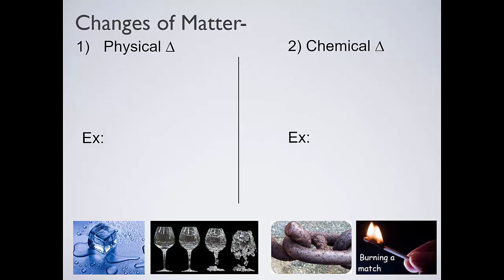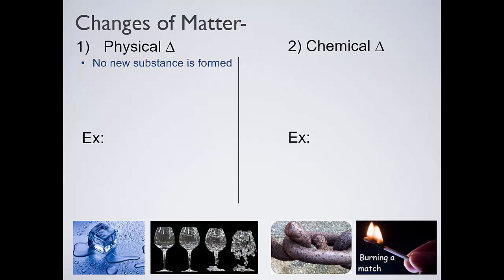So in this unit we are talking about matter. Chemistry is the study of matter and changes in matter. You can change matter in lots of ways. Sometimes we change matter physically, or we can also change matter chemically. When we have a physical change in matter, we have the same substance at the end.